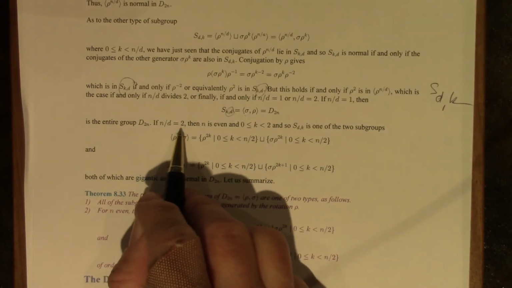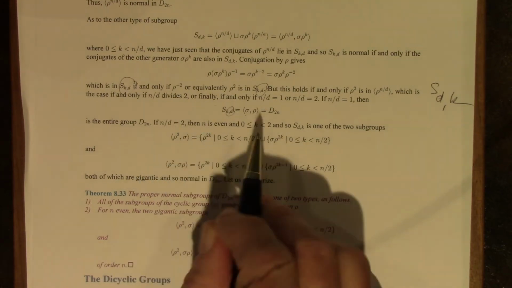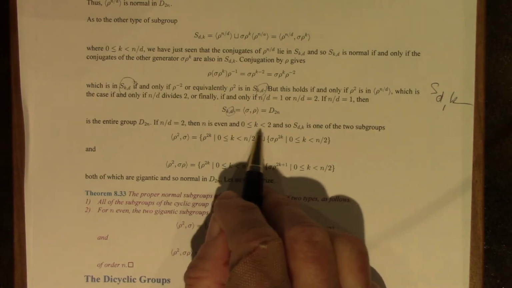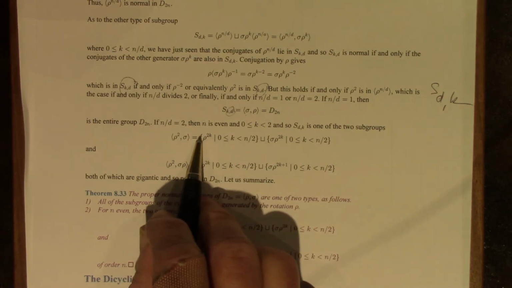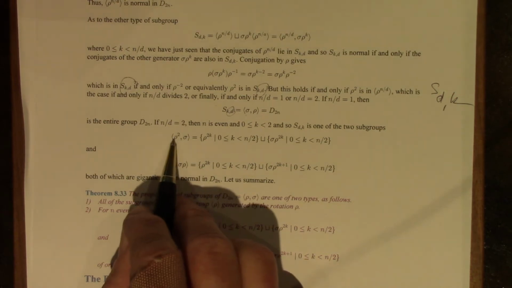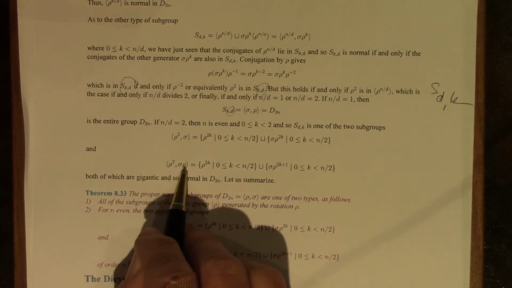If n over d is 2, then n's going to have to be even. K is in this range, which means k is either 0 or 1, and we get two different subgroups, generated by rho squared and sigma, and generated by rho squared and sigma rho.